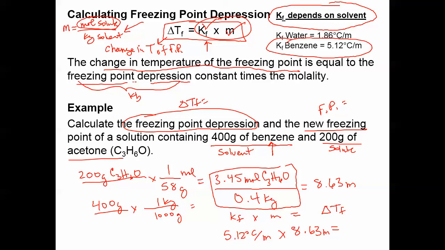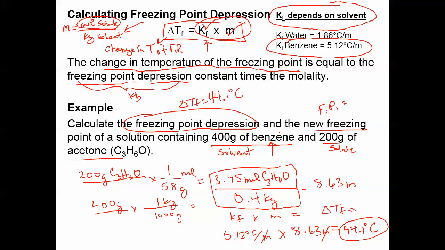So notice what happens here. You've got molality here and down here in that unit, leaving you with degrees Celsius. So 5.12 times 8.63 gives me around 44.1 Celsius. That is the change in the temperature of the freezing point, or the freezing point depression. So the freezing point depression is 44.1 degrees Celsius.